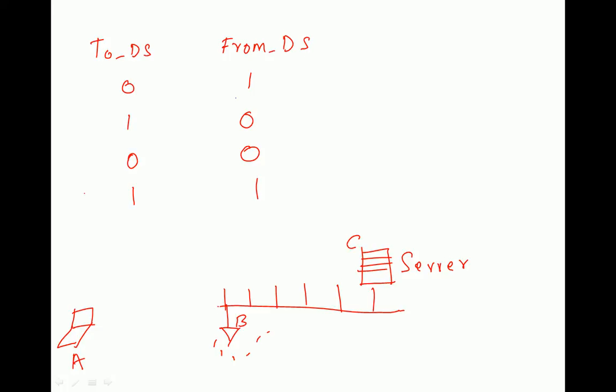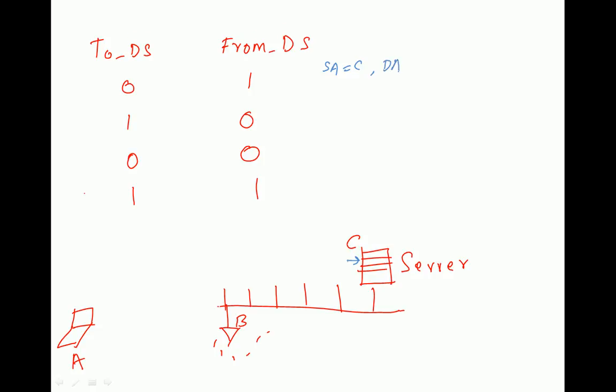So now let's have a look at what each of these addresses are going to be. First, let's look at the source address. What is the source address going to be in this case? In this case, the source address is going to be the MAC address of the server here on the distribution system, who is going to be sending the frame over to the client A. So here, the source address is going to be the address of C. Next, what is going to be the destination address?